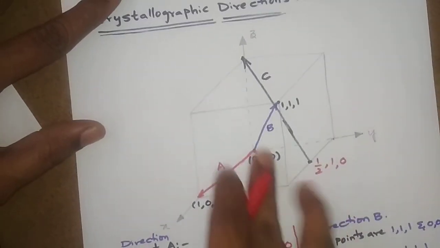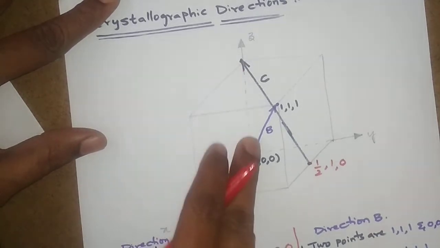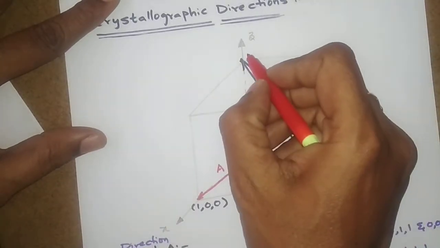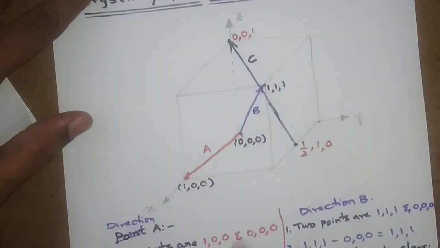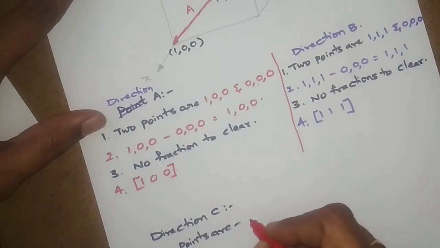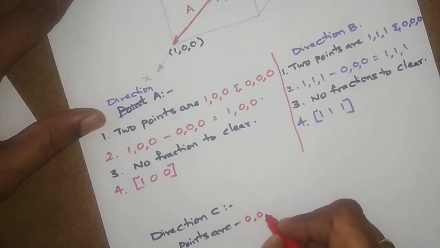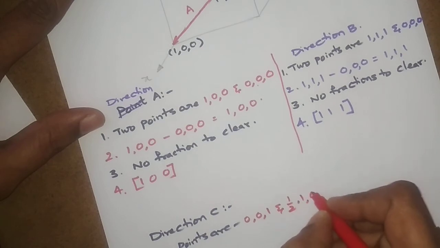The coordinates of the head point: this is on the z axis, so the x coordinate will be 0, the y coordinate will be 0, and the z coordinate will be 1. So the 2 points are 0, 0, 1 and 1 by 2, 1, 0.